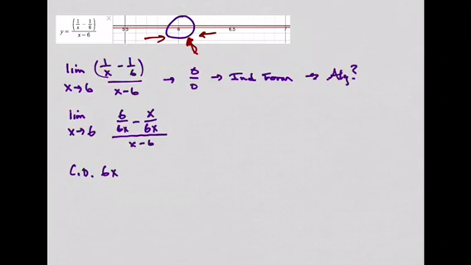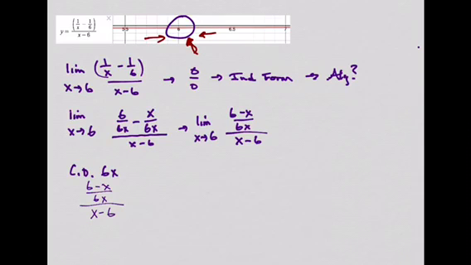So I'm just working with the numerator. That leads to the limit as x approaches 6 of 6 minus x divided by 6x, divided by x minus 6. Now students often forget how to divide that. 6 minus x over 6x, divided by x minus 6.